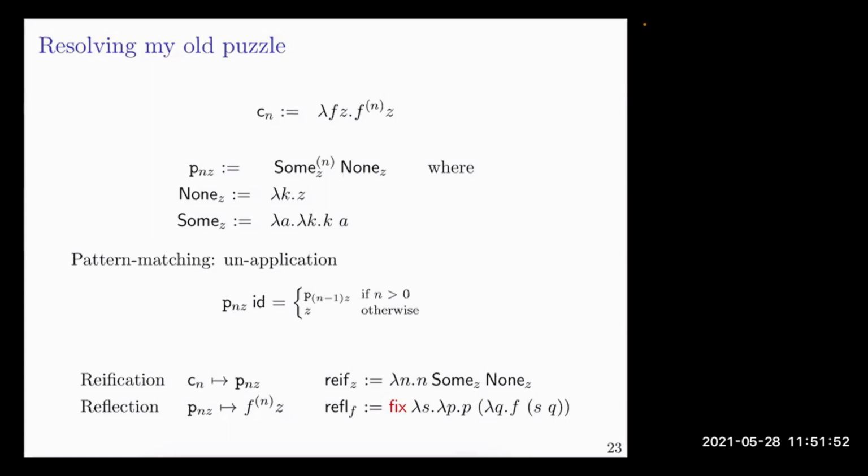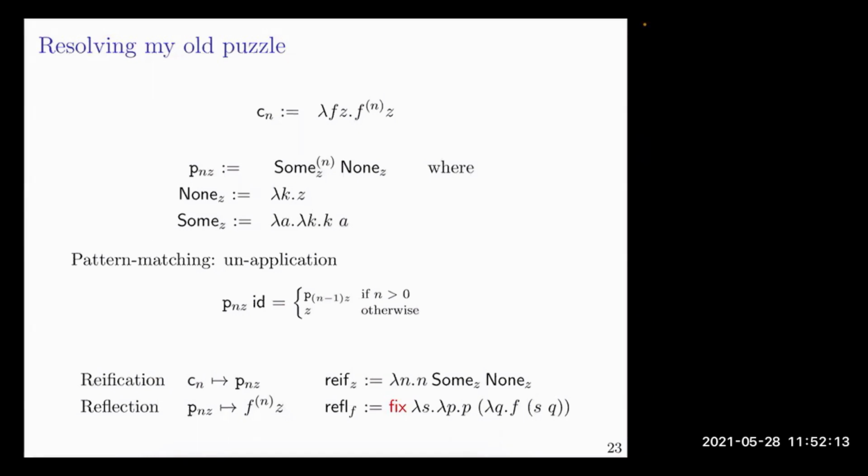And then the observation is that the Church numeral itself is a finite approximation to the fixed point, which iterates n times and then stops. So if instead of fix we use the Church numeral itself, C_n, then it would do just the right amount of iteration.